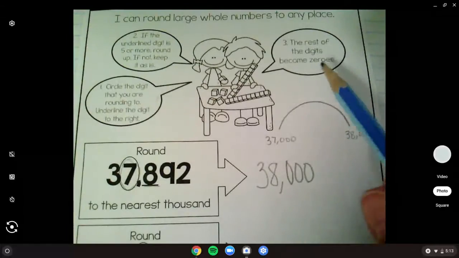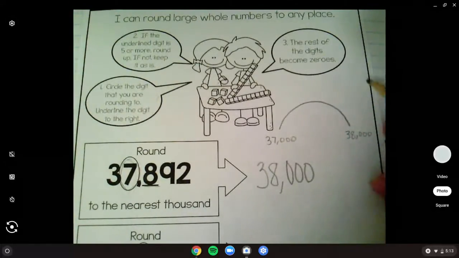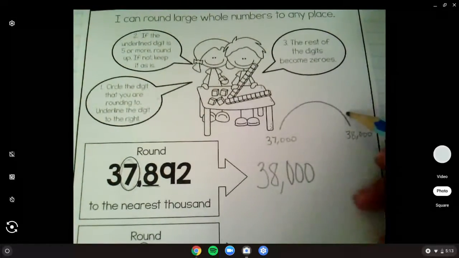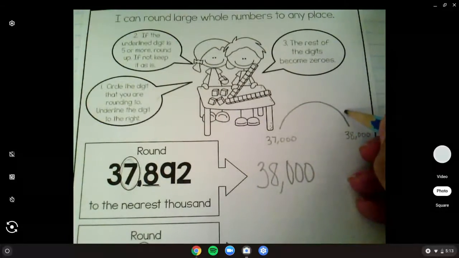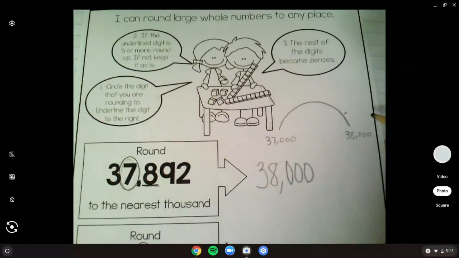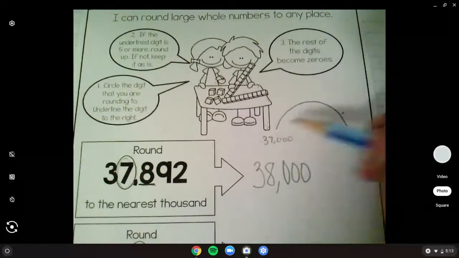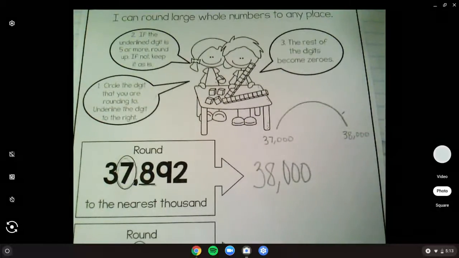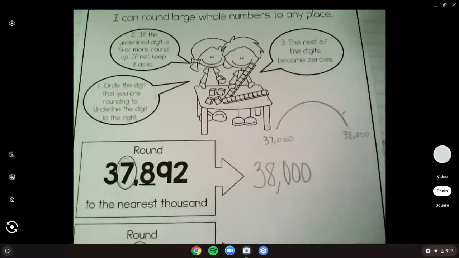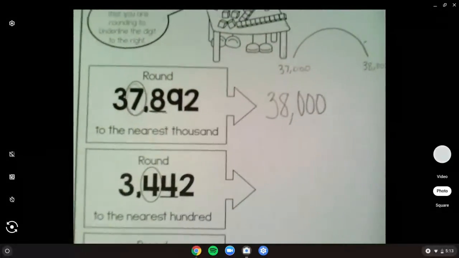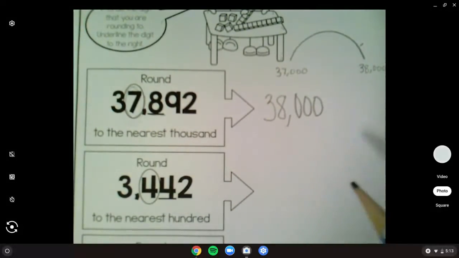Now I'm trying to see where 37,892 would be, probably right about here. So I'm thinking, yep, it's much closer to that 38 than it is to my 37. Let's go on and try our next one and think, where would it be?